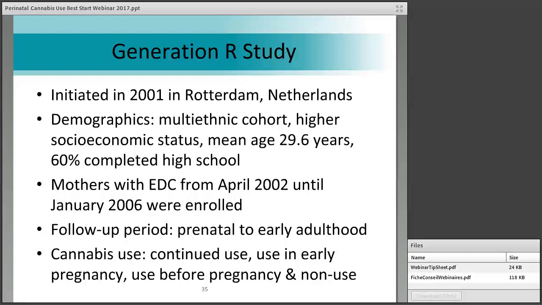Their published data is only up to 4 years of age. They looked at cannabis use in categories: continued use during pregnancy, use until early pregnancy, use before pregnancy only, and then no use whatsoever. So they, again, categorized cannabis use in a yes-no fashion. So they didn't have a way of looking at dose-response effects.